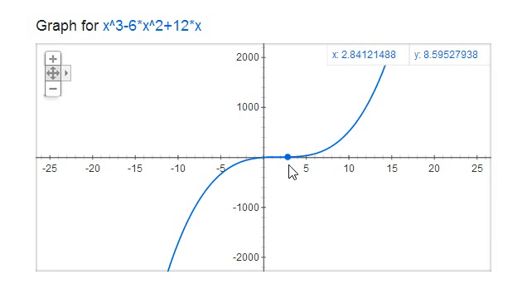Where this concavity changes is what's known as the inflection point, and that was at (2, 8). We're looking at our coordinates over here, and I'm trying to get close, but it's at (2, 8) where the actual inflection point occurs, and that is where our concavity changes.